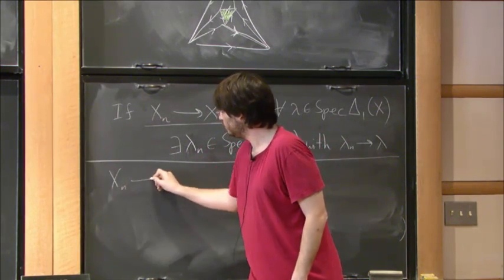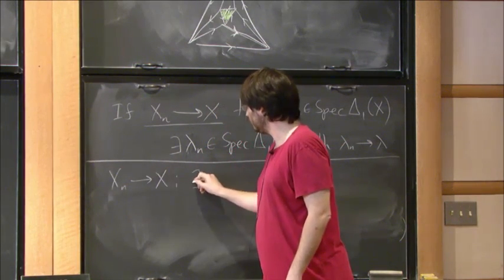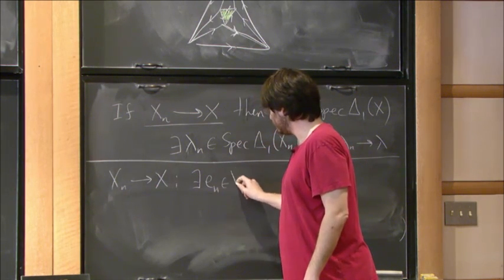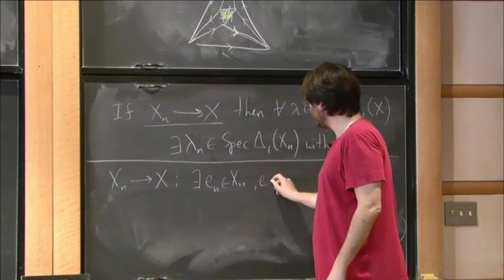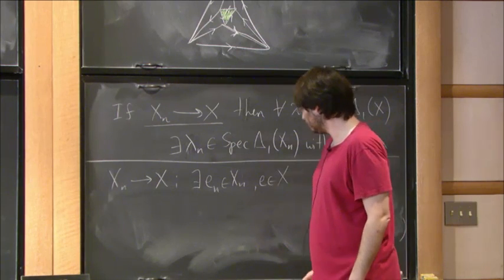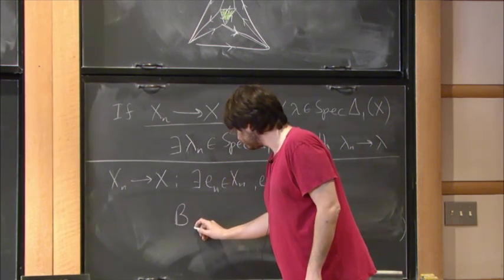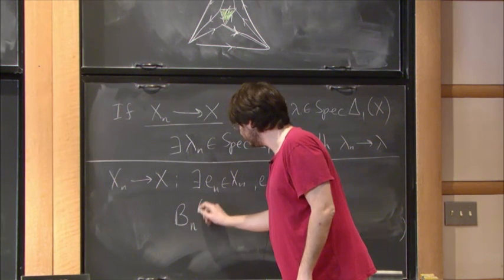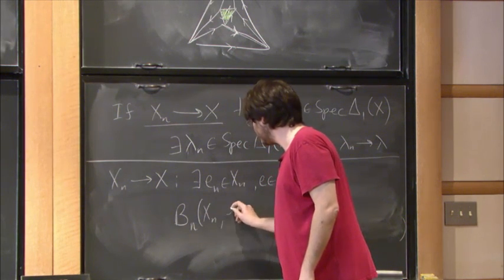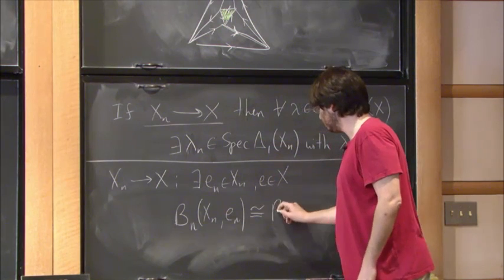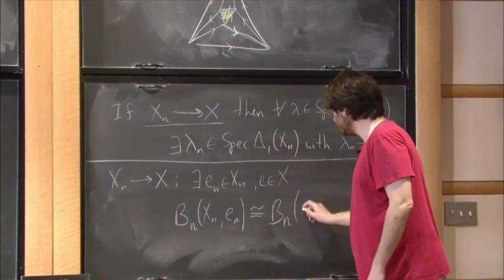Xn converges to X means that there exist some edge En in Xn and E in X such that the ball of radius n in Xn around En is the same as the ball of radius n around E in X.